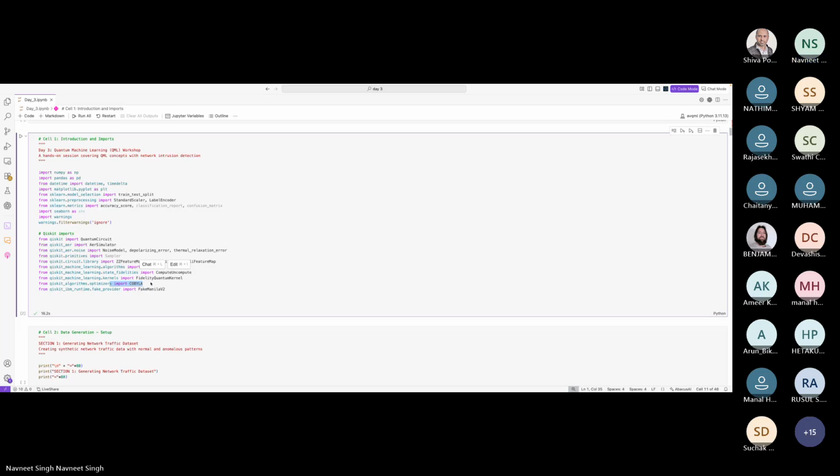So this is like a single cell, everything you need to do the entire QML programming in this particular session.